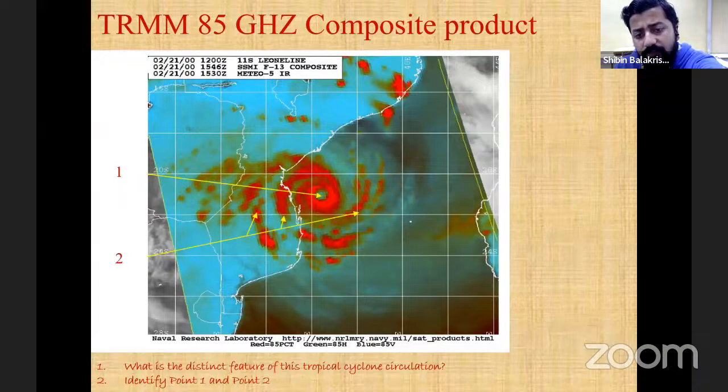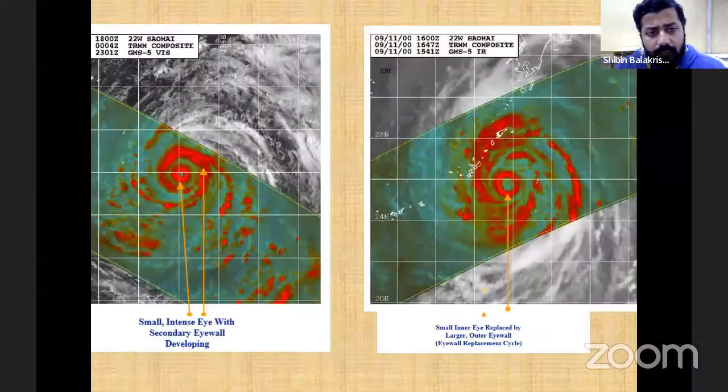How is this cyclonic circulation distinct? I think I'll give 5 seconds. You can just analyze this image and write your answers in the comment box. Fine. Okay, we'll go to the next image now.